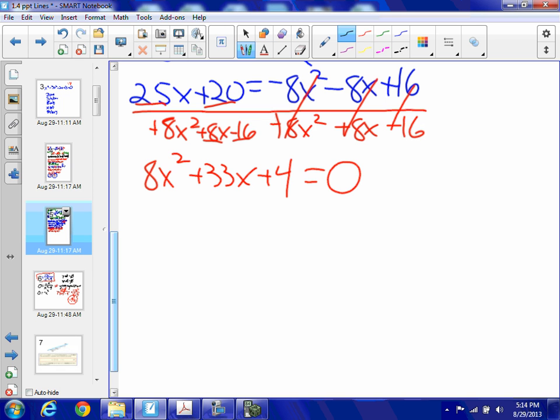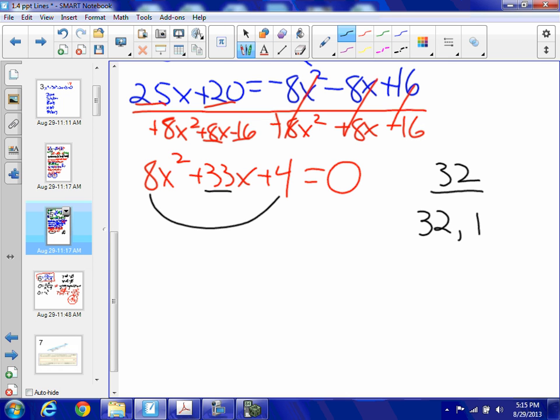What you do is you take the coefficient of the first term and multiply it by the last term. So the coefficient of my x squared term times my constant, and that equals 32, positive 32. And I want to know if there are any factors of positive 32 that when added together will give me my middle term of 33. And I can see really clearly that there is. 32 and 1 are factors of 32.